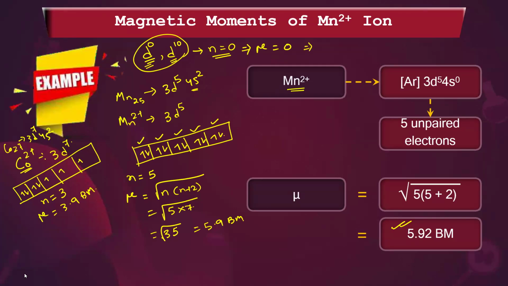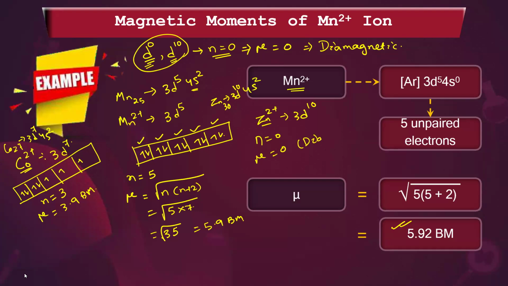So you can say these substances are always diamagnetic. For example, Zn2+: Zn has atomic number 30, so 3d10 4s2, and Zn2+ will have 3d10 configuration. So n is 0, mu is 0, and it will be diamagnetic.